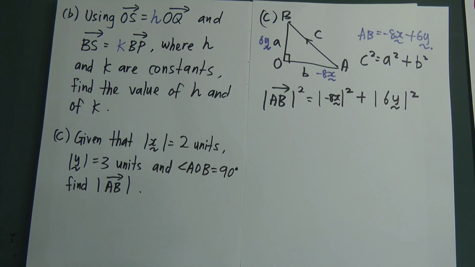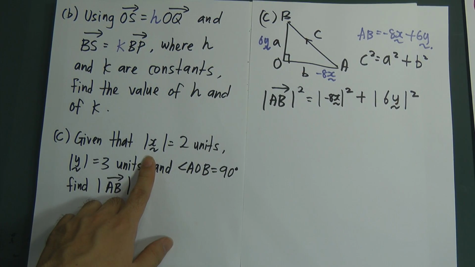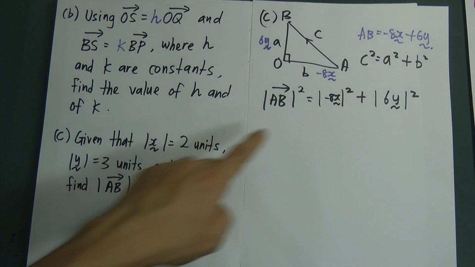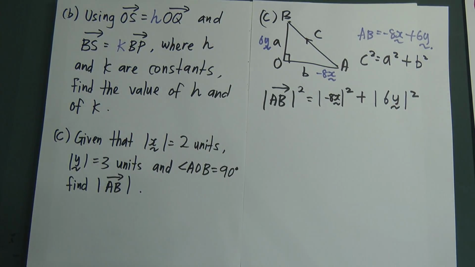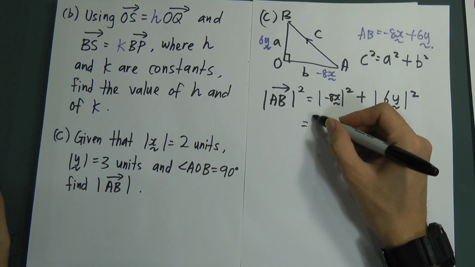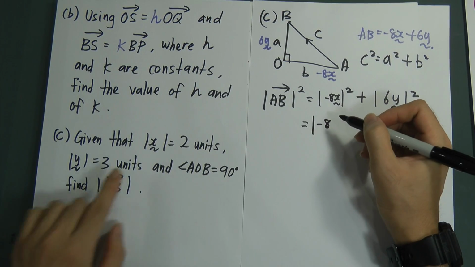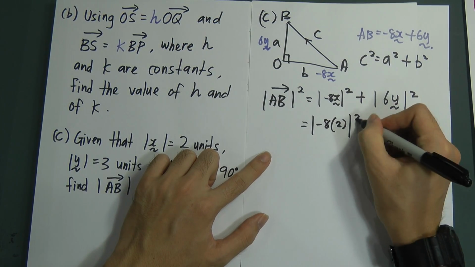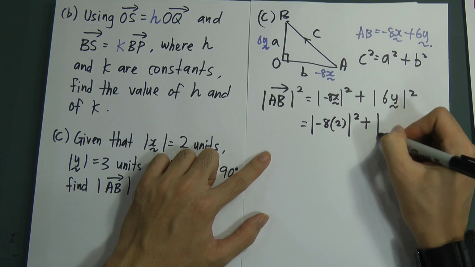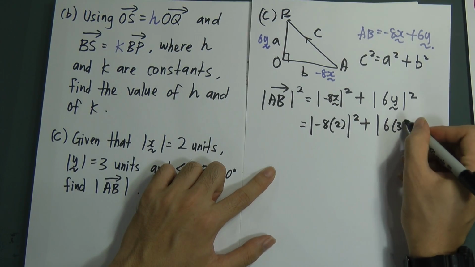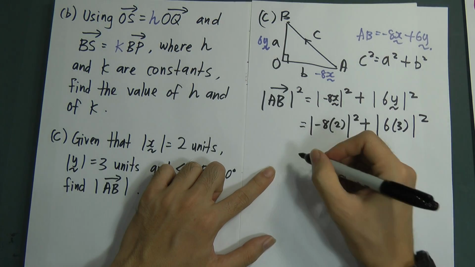It doesn't matter. And then he purposely gives you the magnitude for x is 2, and the magnitude for y is 3. So this one is very simple, you just substitute into it. I will get negative 8, what is x? It is 2 units, so I put a 2 over here, squared, plus 6, what is y? Y is 3 units, 3 squared.